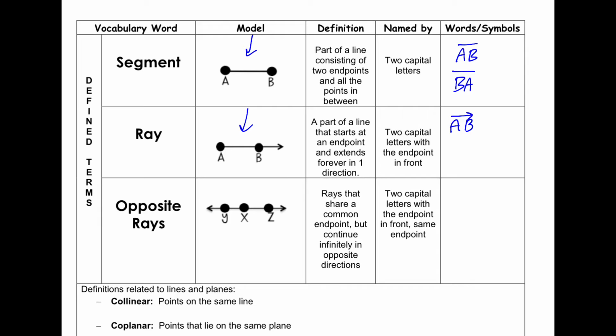And the arrow above AB has to point toward B because that is the direction that it extends infinitely. If we tried to label this as BA, that would be wrong. Opposite rays are 2 rays that share a common endpoint and continue infinitely in opposite directions. So ray XY and ray XZ are opposite rays.